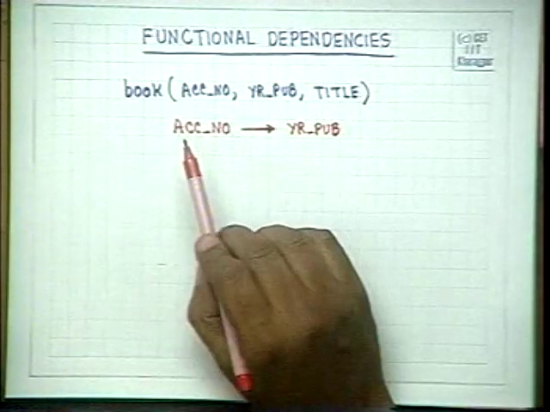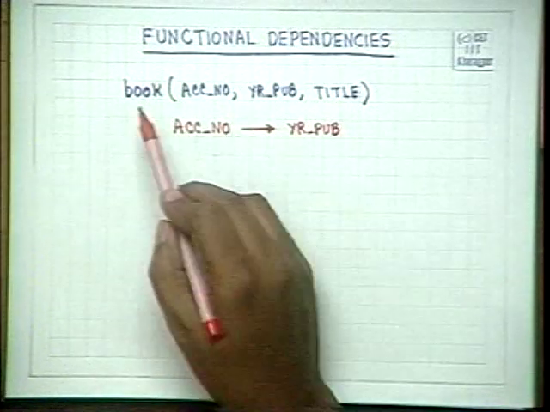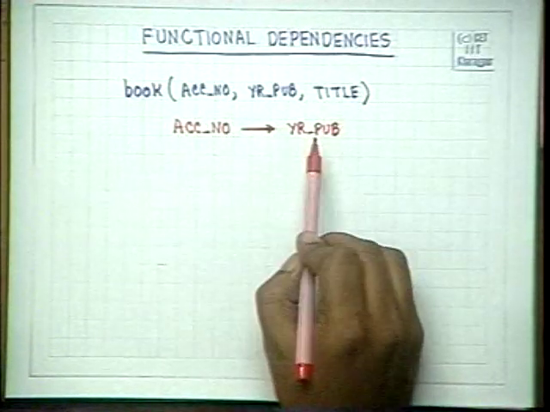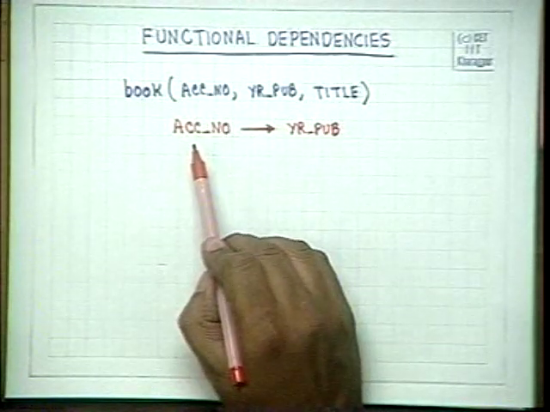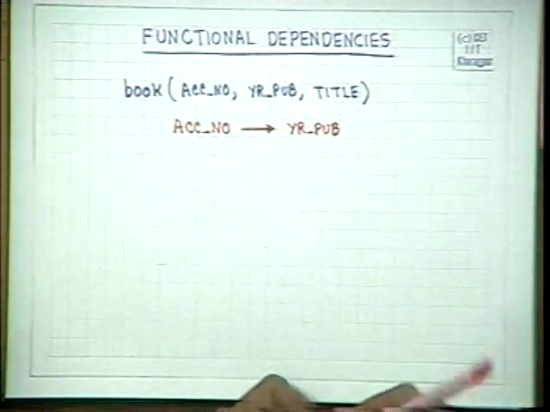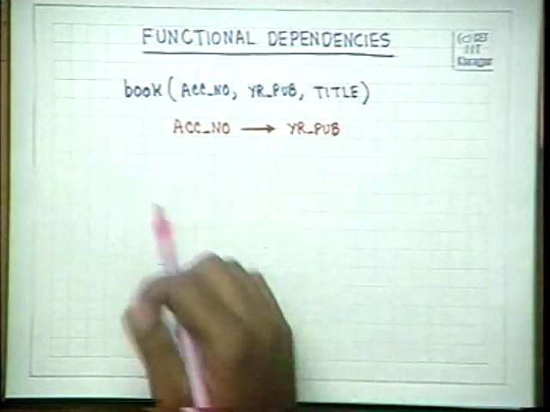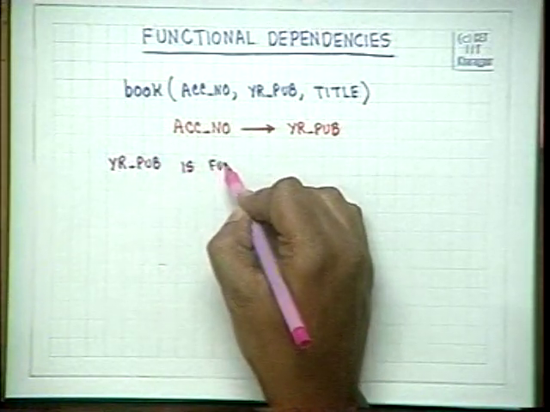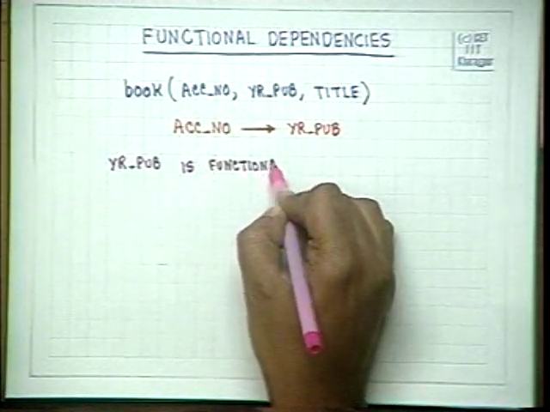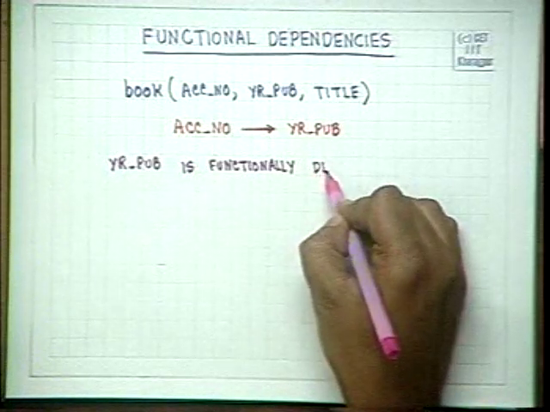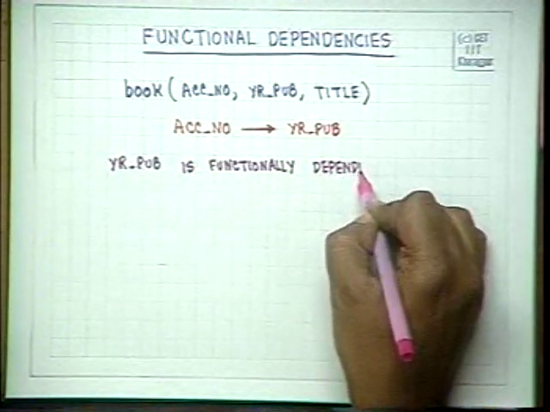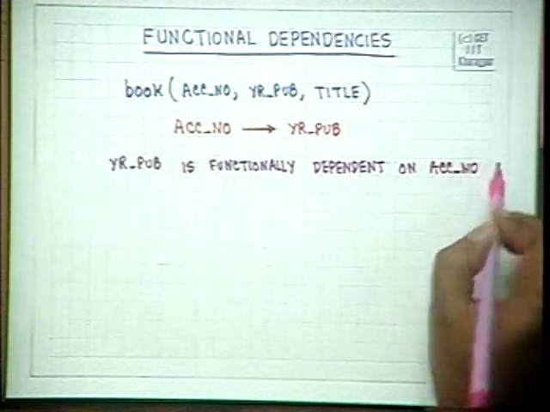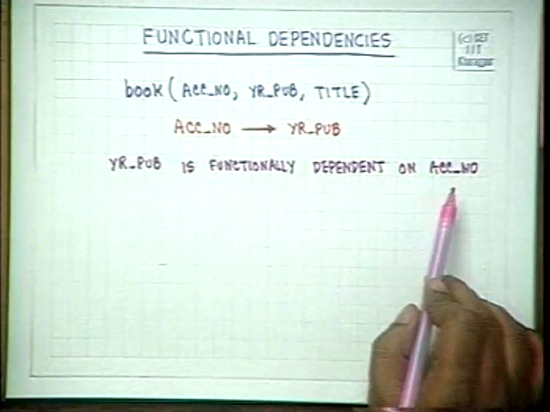This means that whenever in any relation, not even corresponding to book, in any relation, wherever this holds, it means that year of publication is functionally dependent on accession number.